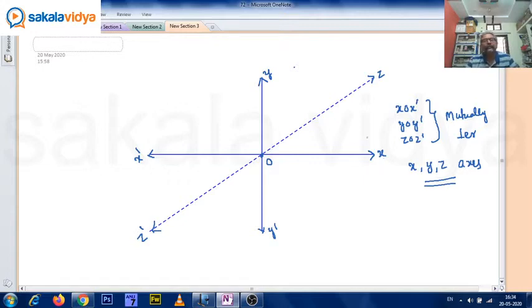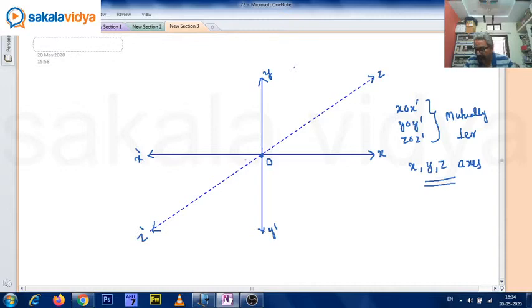Compartments means the xoy component, xoz component, x dash oz component, and below also we shall get components. In total we shall get 8 compartments.